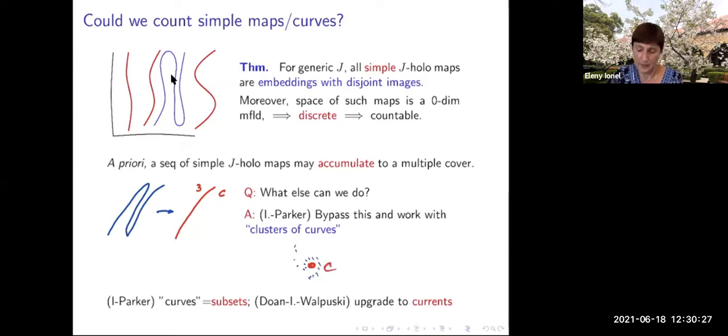But remember, for generic parameter, we have countably many such curves. They may accumulate, but they're countably many. So in particular, we can find clusters of curves, which are basically balls in Hausdorff distance, such that there is no curve exactly at distance epsilon. If there are no J-holomorphic curves exactly at distance epsilon, that means the ball intersects the space of solutions in an open and closed set.